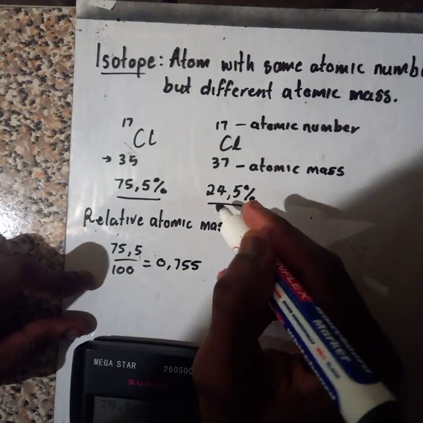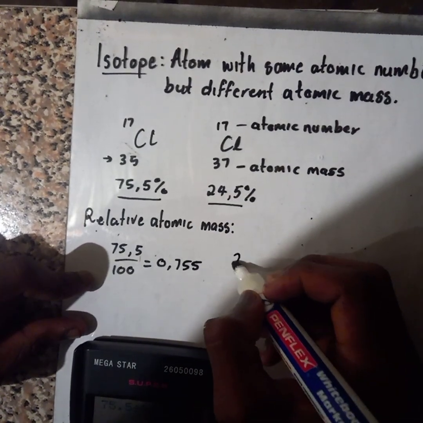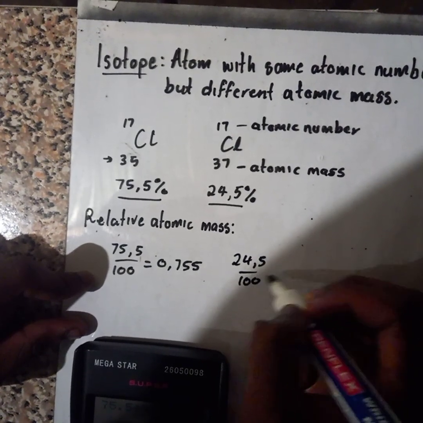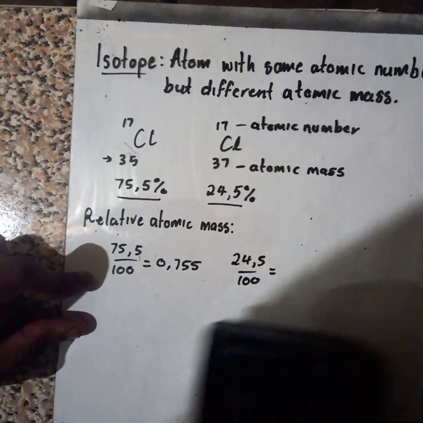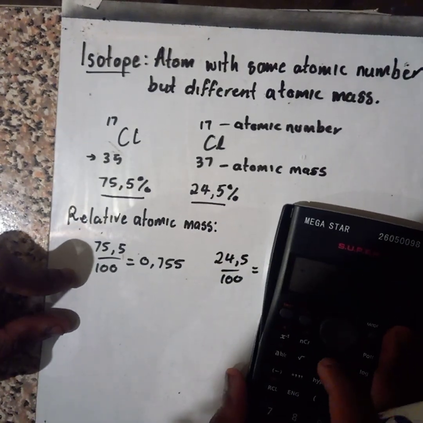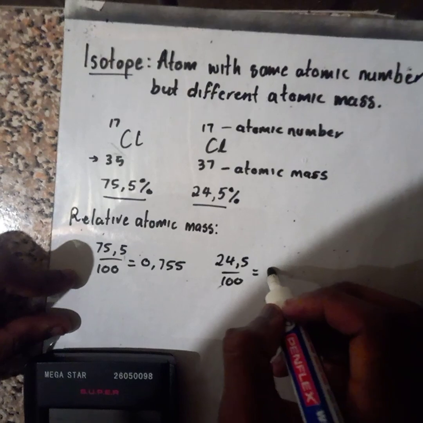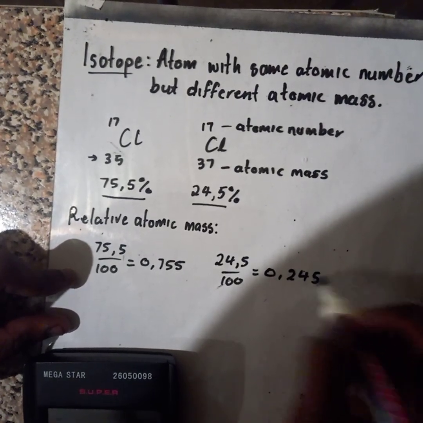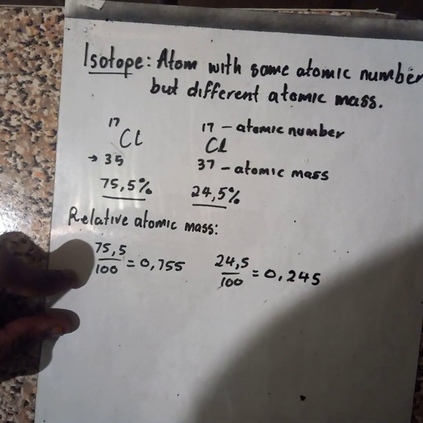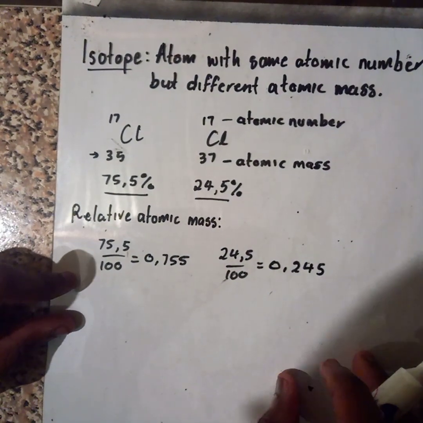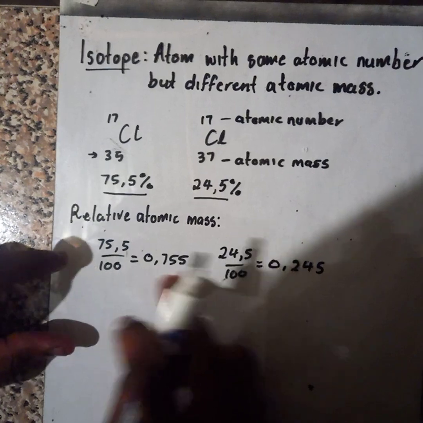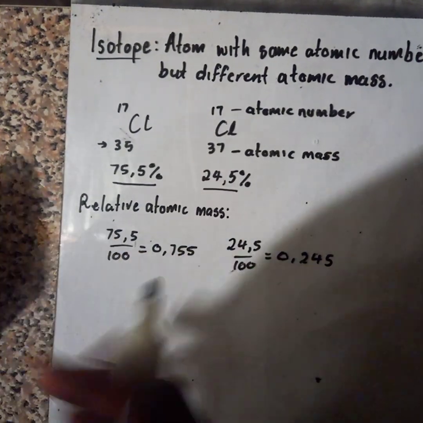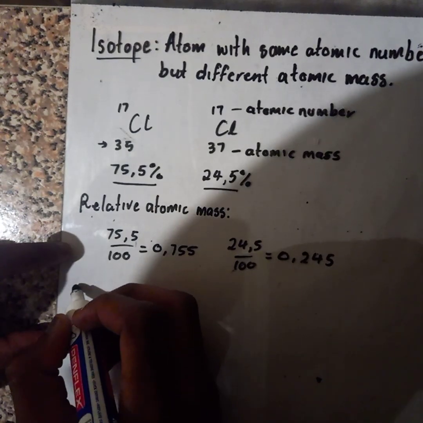Let me do the same for this one as well, which is 24.5 divided by 100. If we divide this number by 100, we are going to get 0.245. You see? Then now, immediately after converting your decimals like this, we can then calculate the relative atomic mass.